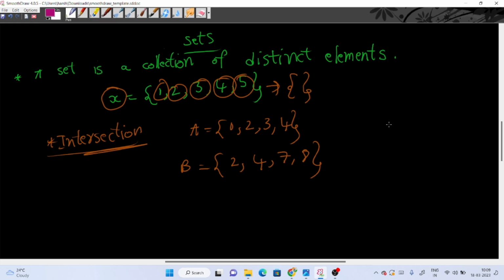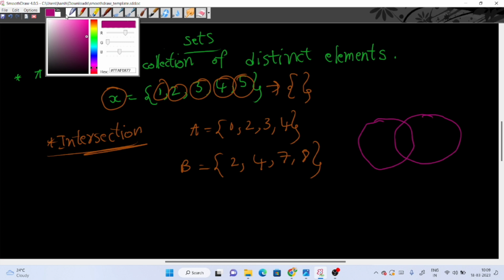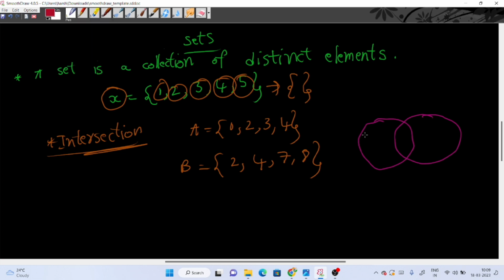Now we may draw a Venn diagram for these sets. First let me draw two circles, and let us consider that this circle is A and this circle is B. A has elements such as 1 and 3, and B has elements such as 7, 8.